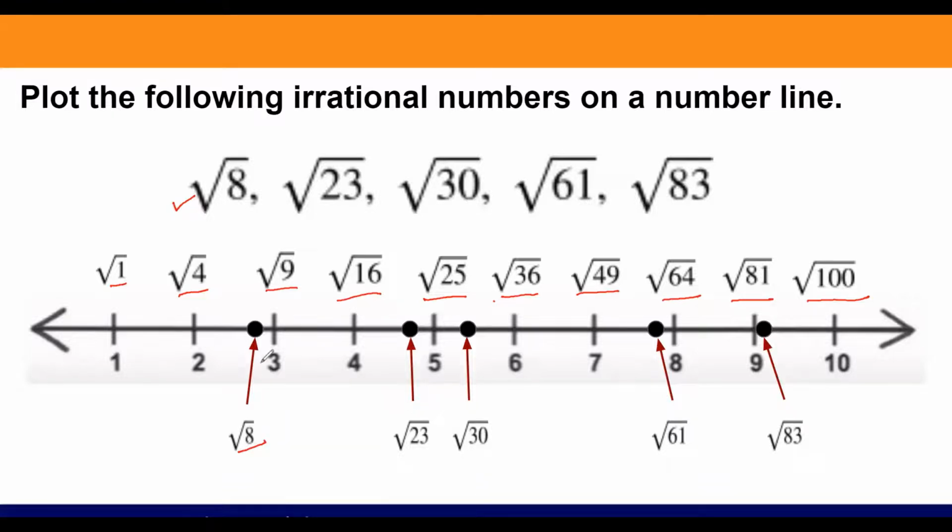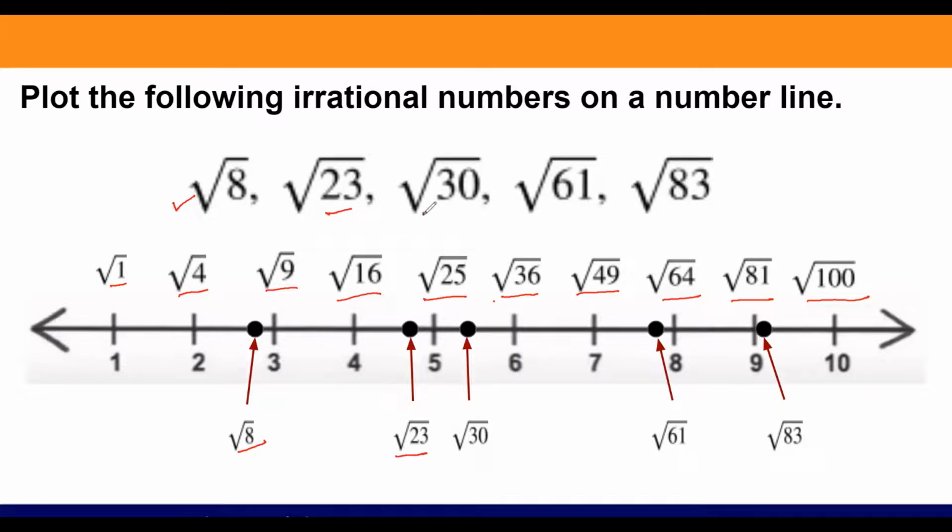Okay, sunod. Square root of 23. Ang square root of 23 ay malapit po sa square root of 25 or between square root of 16 and square root of 25. Ibig sabihin, wala pa siya sa number 5. So, before 5, makikita natin yung square root of 23.